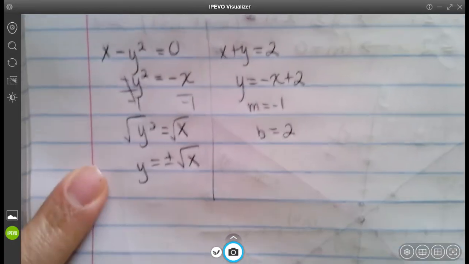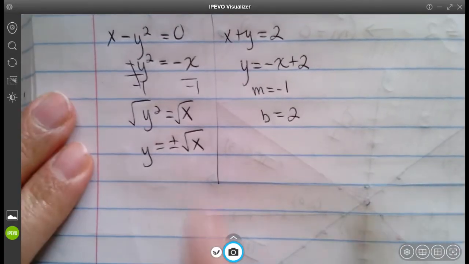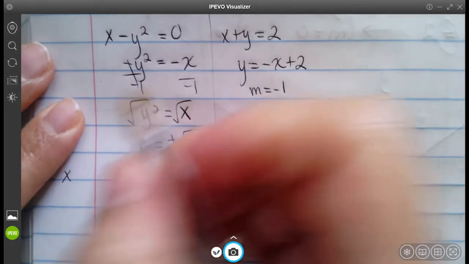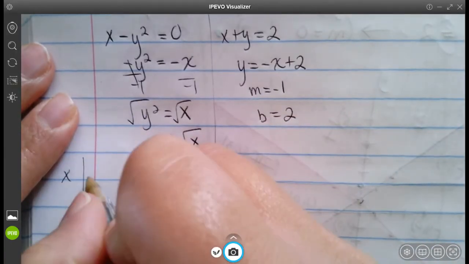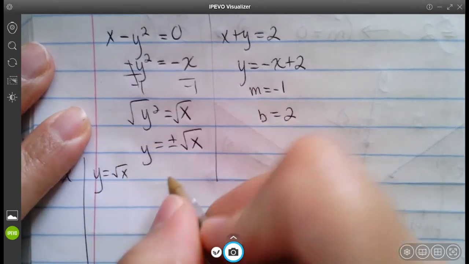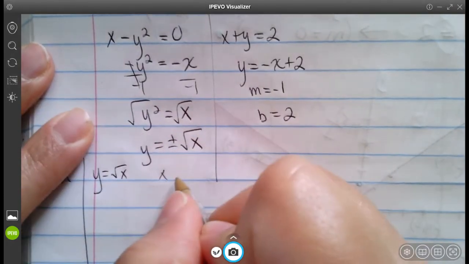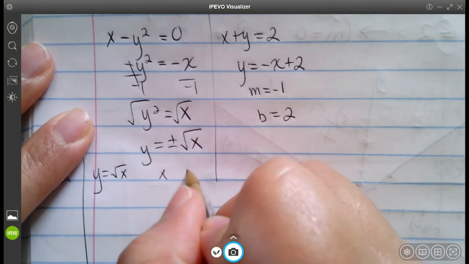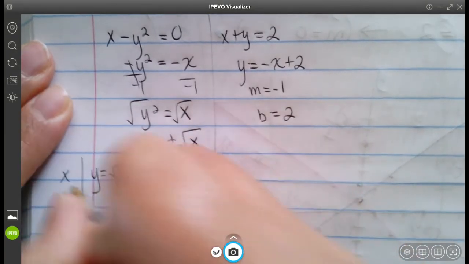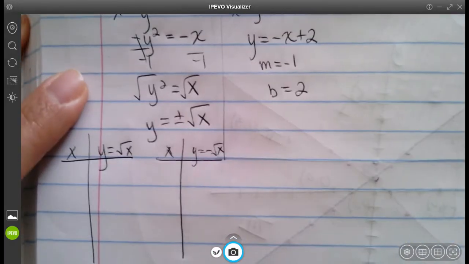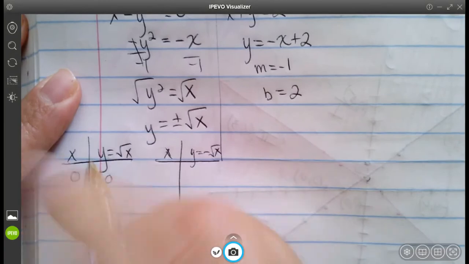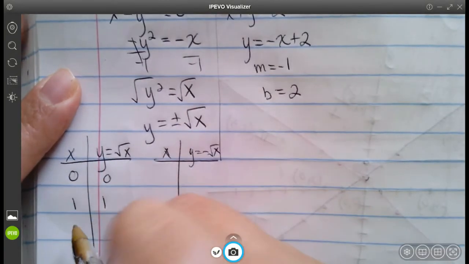For this one, if you don't remember the values of square root of x, you might want to make a little table just really quickly. We can do y equals square root of x, and then another one for y equals negative square root of x. Just so we have some values here, okay? These start at 0, so 0, 0. You put in a 1, you still get 1.